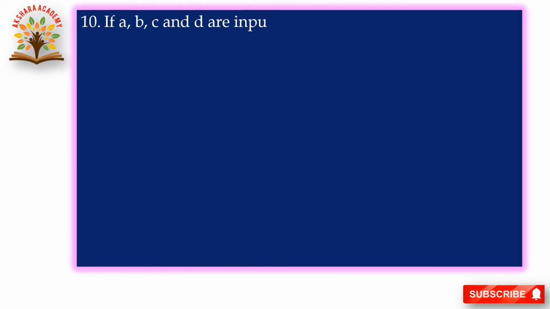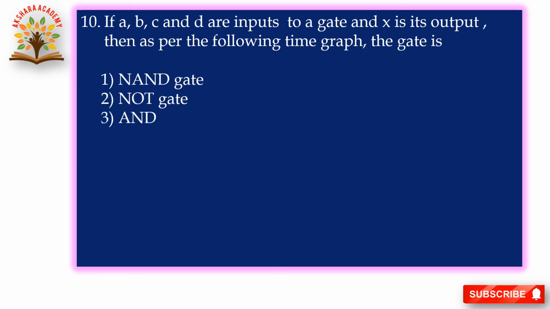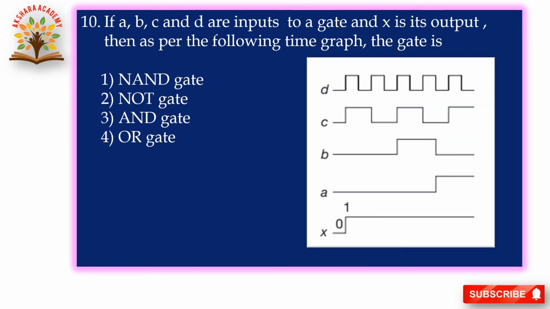If A, B, C and D are inputs to a gate and X is its output, then as per the following time graph, the gate is. So here, as per the time graph, which gate, by using this graph we will discuss now. So this is a graph they given here, 0, D is equal to 0, and here 0, and this B is equal to 0.